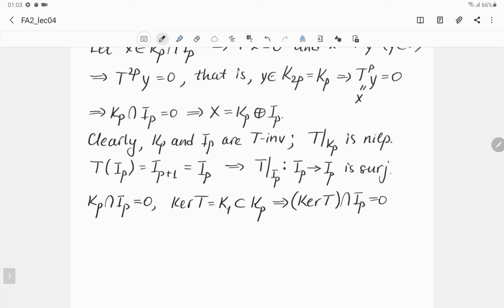And this means exactly that T restricted to Ip is injective. So it is an isomorphism of Ip onto itself. And this completes the proof of lemma 2.